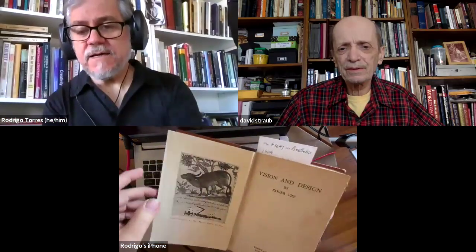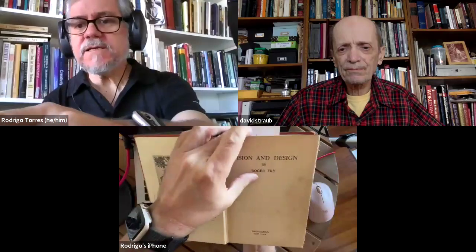So the other place where I have traced this, a very early one, is Roger Fry, Vision and Design. This is a book of essays, and this is 1909. Okay.